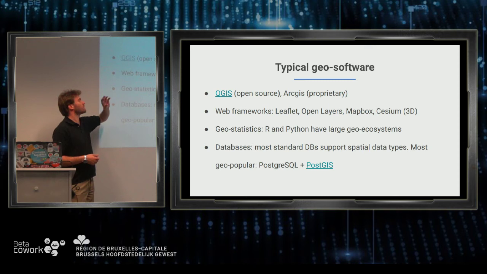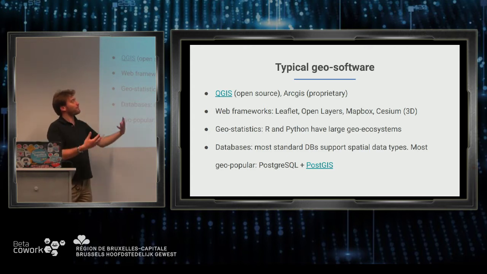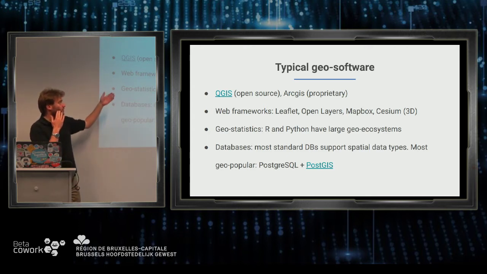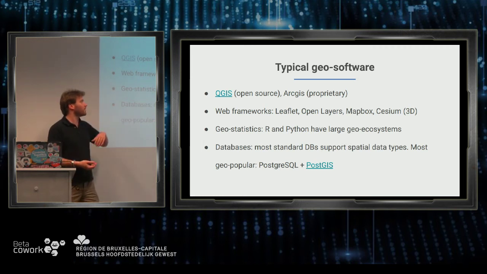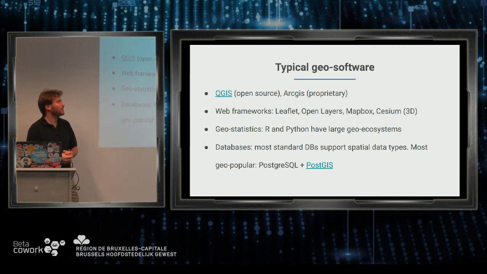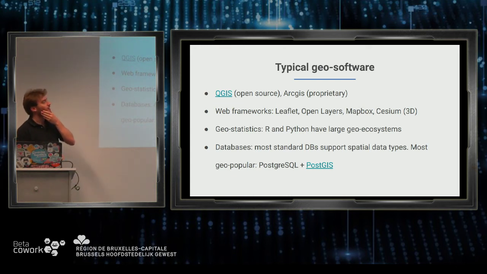ArcGIS is its, in a sense, proprietary equivalent. You have lots of web components, web frameworks to put stuff on maps, Leaflet and OpenLayers being the most well-known. Mapbox and Cesium are also very big.